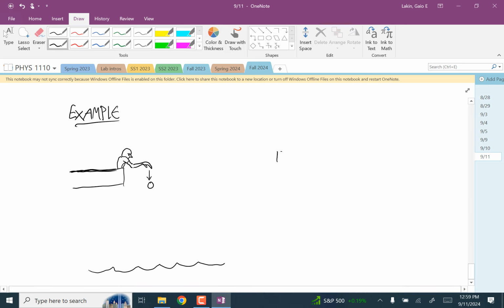So, okay, let's say that it takes 1.2 seconds for the rock to hit the water. How high is the bridge?